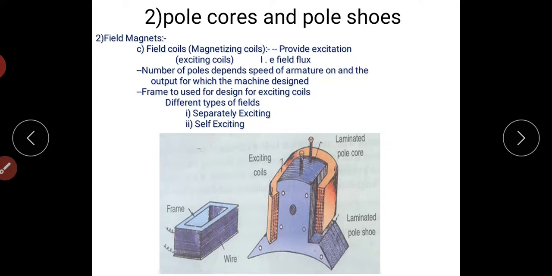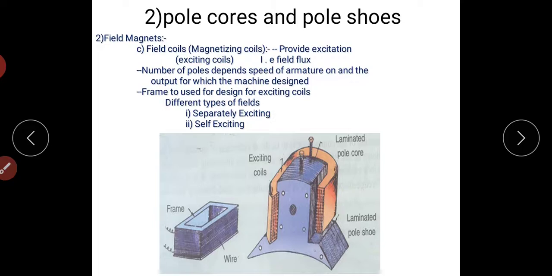Next, the third one, the field coil. The third part of the field system, the field coils, is also called field winding, magnetizing coils or exciting coils. By connecting an electrical supply, these field coils produce the magnetic flux. The number of poles depends on the speed of the armature and the output for which the machine is designed. Generally the field winding is connected to a supply.